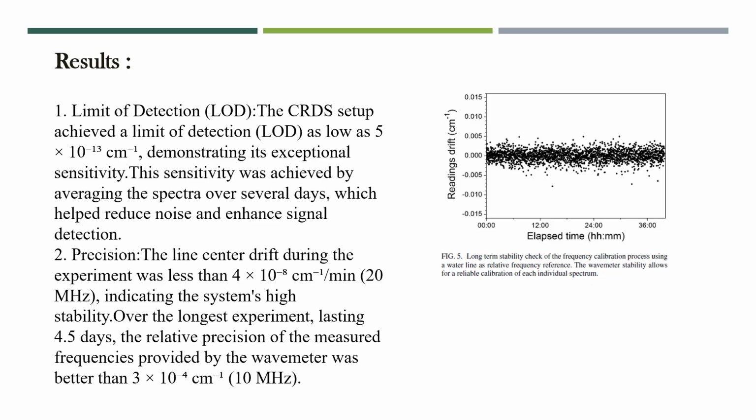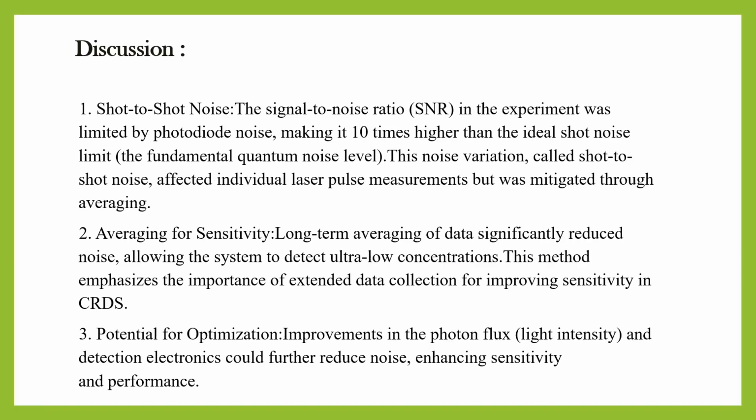Second is precision. The line center drift during the experiment was less than 4 × 10^-8 per centimeter, 20 megahertz, indicating the system's high stability over the longest experiment lasting 4.5 days. The relative precision of the measured frequencies provided by the wavemeter was better than 3 × 10^-4 per centimeter, that is of 10 megahertz.